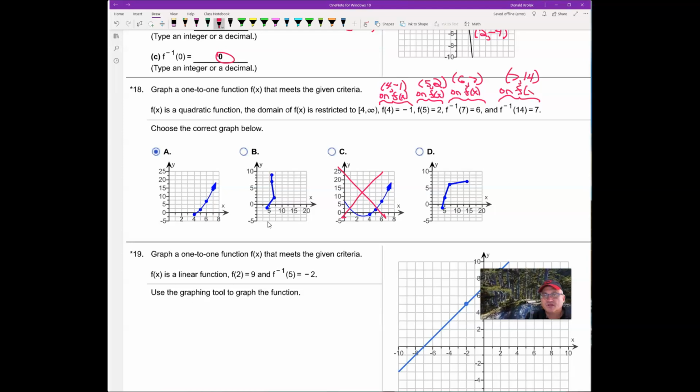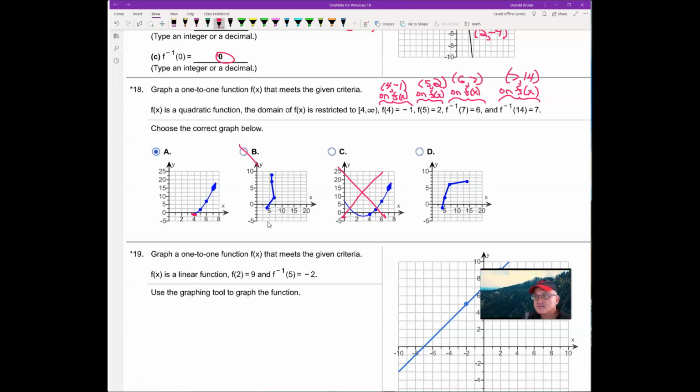So then I just look at what graph has those points on it. So 4, negative 1, they all three do, all right? Then 5, 2, okay, can't be that one. And 5, 2 could be this one, so these two would still be in the running.